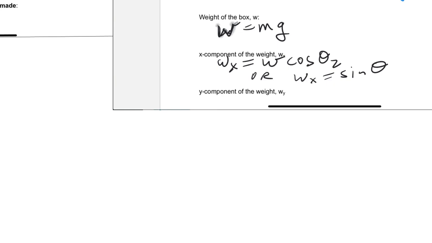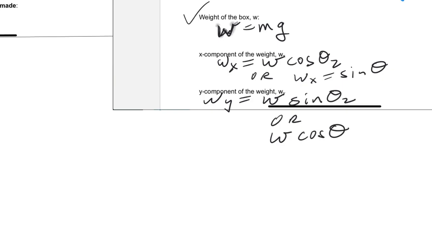So what's the y component of the weight, Wy? Well, it's just like what we just did. Wy is equal to W times sine of the angle from the x-axis, or is equal to the weight that you found over here times cosine of the ramp angle. You take your choice of what you want to do there.